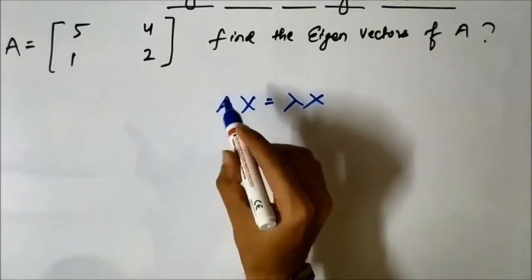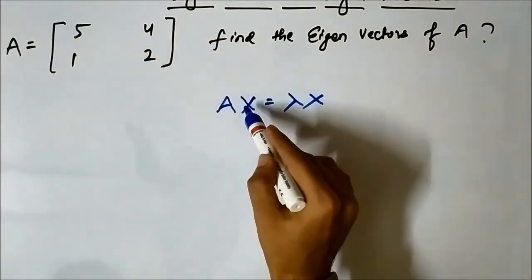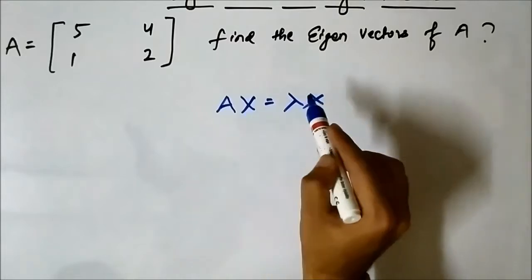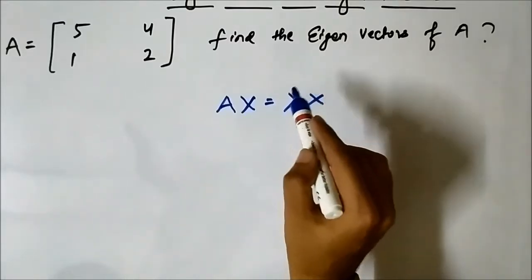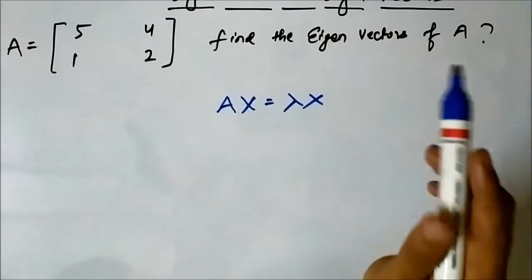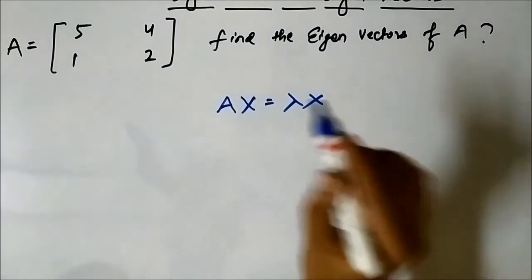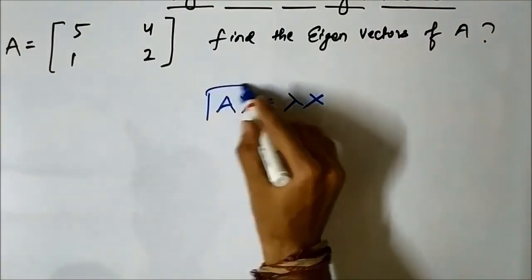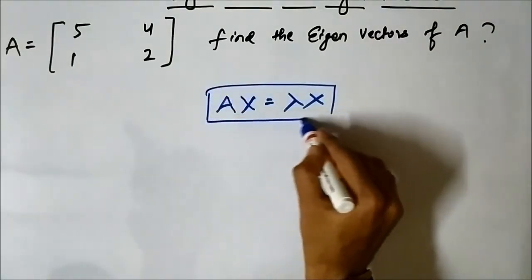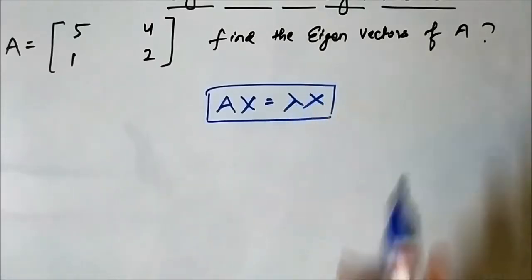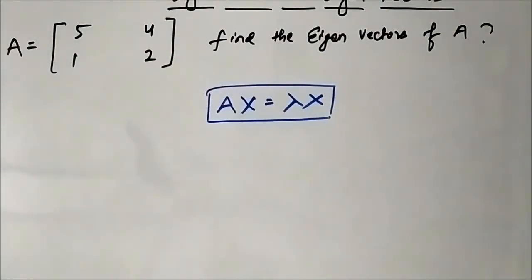A is this matrix, X is the eigenvector, lambda is the eigenvalue of this matrix. So we have to find a column vector which satisfies this relationship.